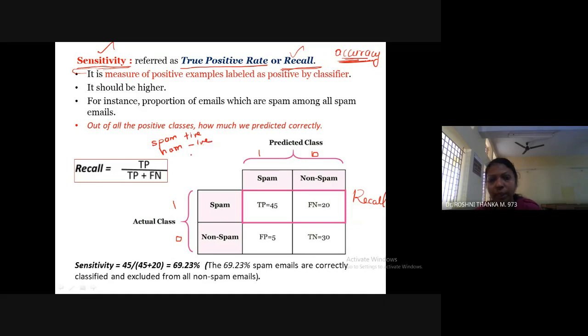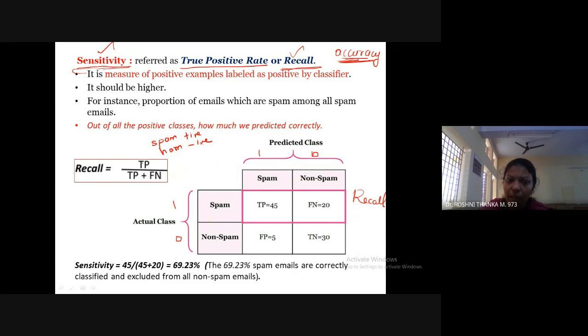So this row represents the actual value. Out of all positive classes, how many are predicted correctly? That is recall.